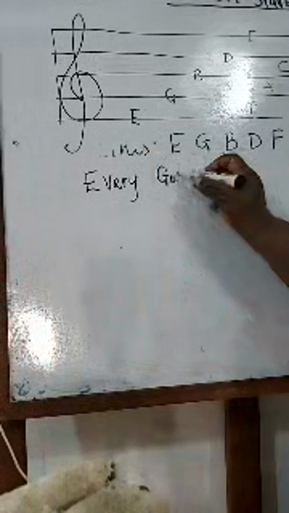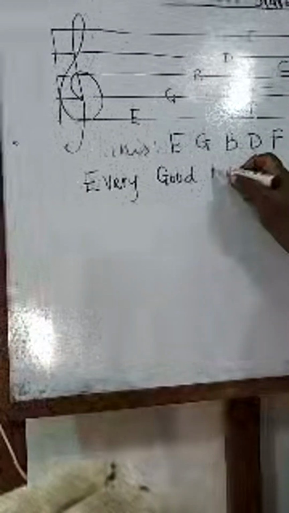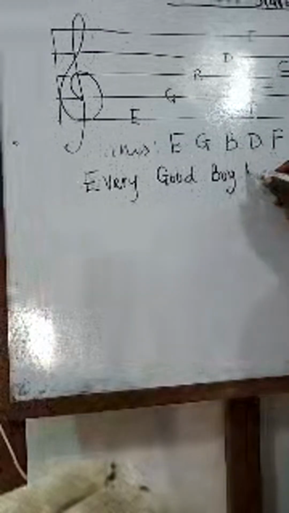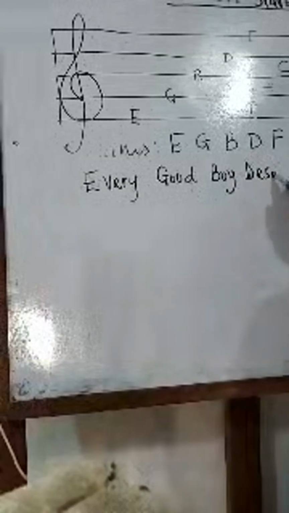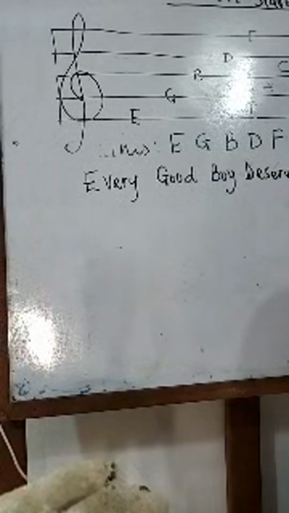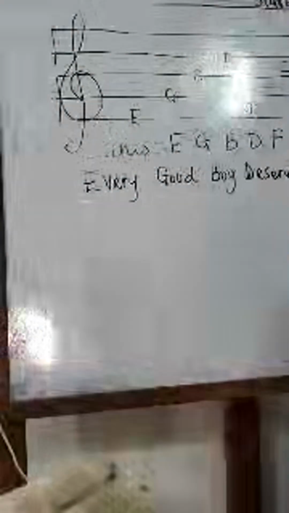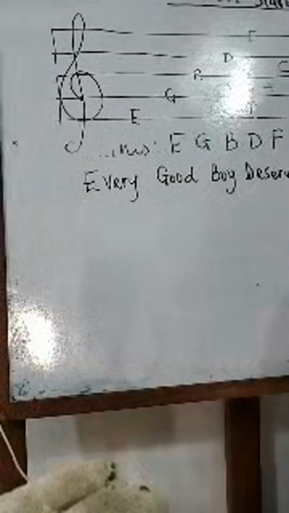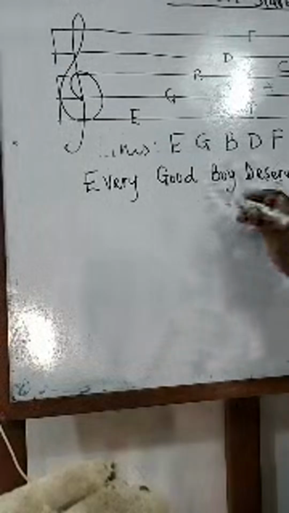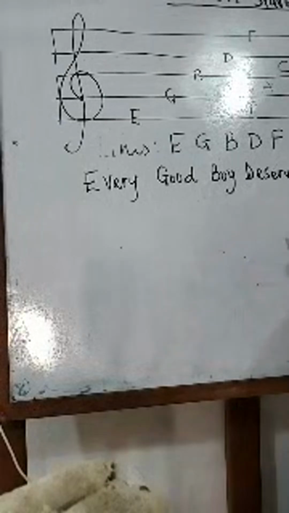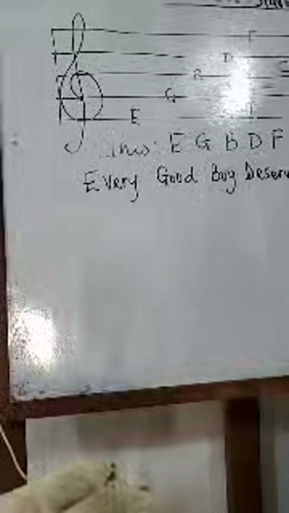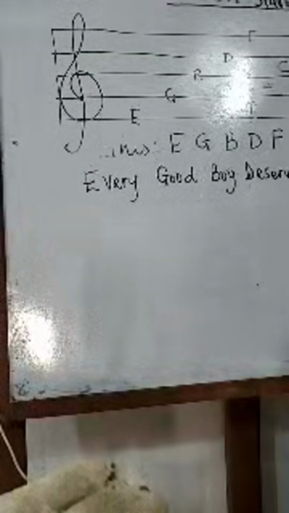Then G, good, boy, D, drinks, or Fanta. Every good boy drinks Fanta. Anything you want to put there, just make sure it's something that you can actually remember every time. So let's go to the spaces.